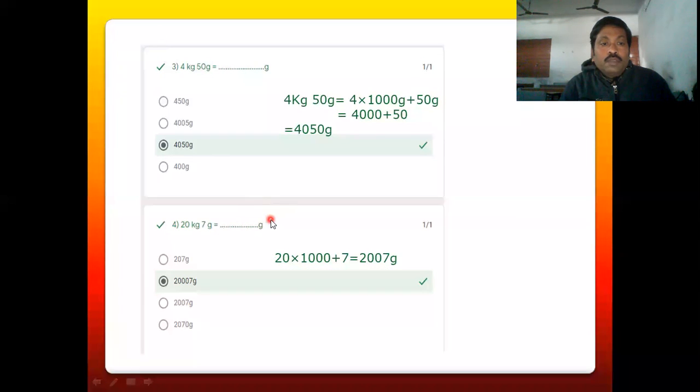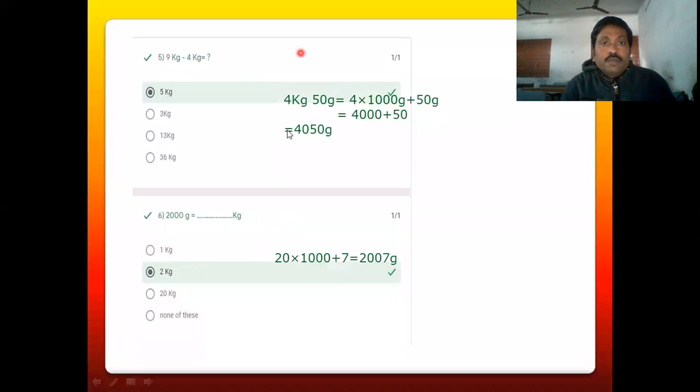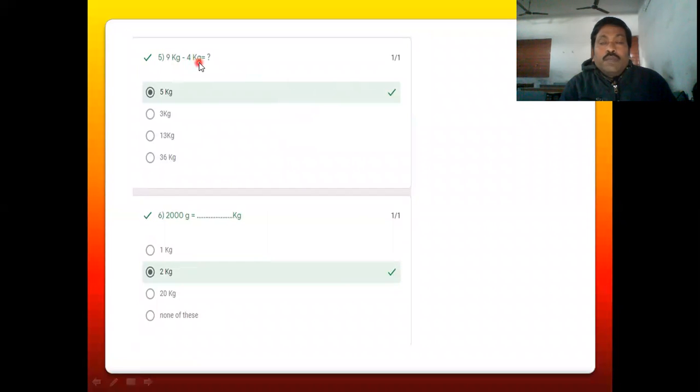Now see question number 5. 9 kg minus 4 kg. Very simple. When we subtract 4 kg from 9 kg, we get 5 kg. And now convert 2000 gram is equal to blank kg.